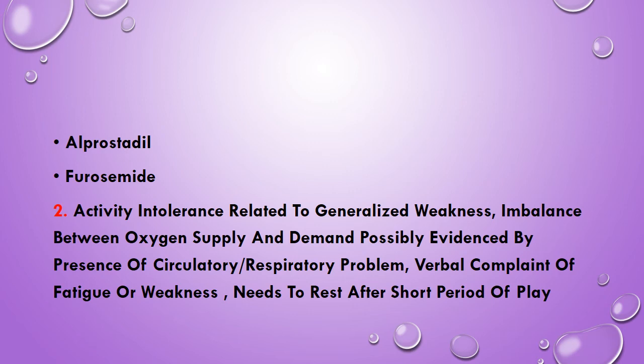Then the second nursing diagnosis: activity intolerance related to generalized weakness, imbalance between oxygen supply and demand, possibly evidenced by presence of circulatory respiratory problem, verbal complaint of fatigue or weakness, and needing to rest after a short period of play.